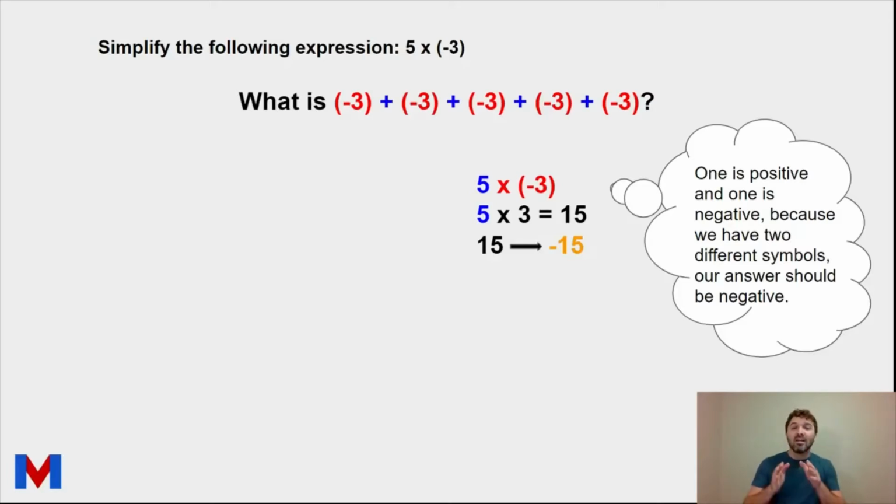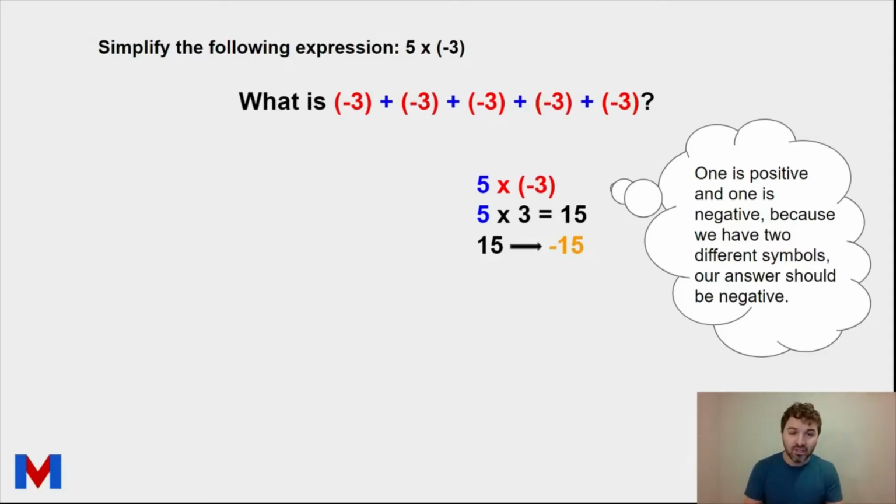Think about this. In English, we say, I do, which is positive, not, which is negative, want ice cream. By the way, that's false, I love ice cream. Saying I do not want ice cream implies negative. It implies that I don't want ice cream.